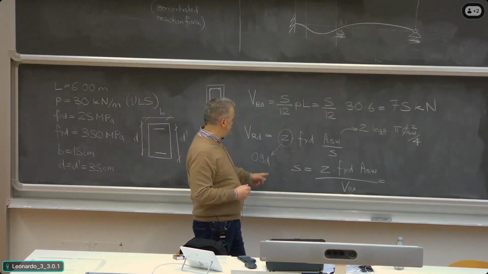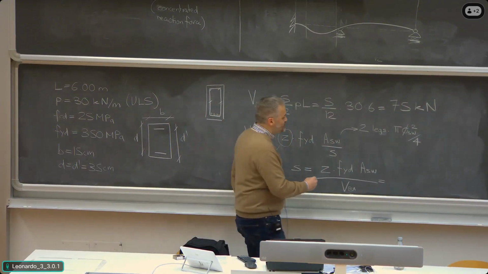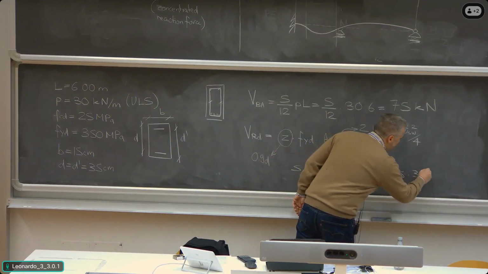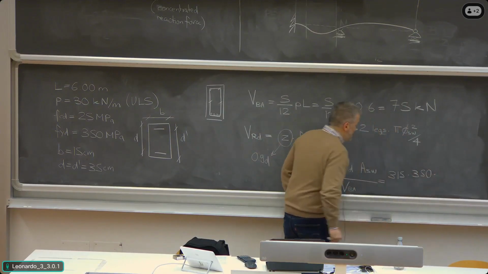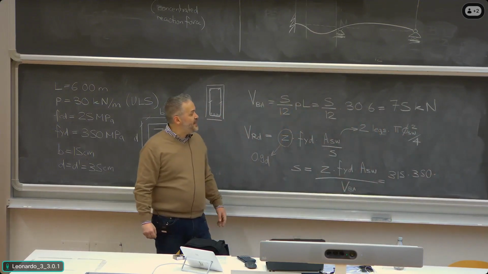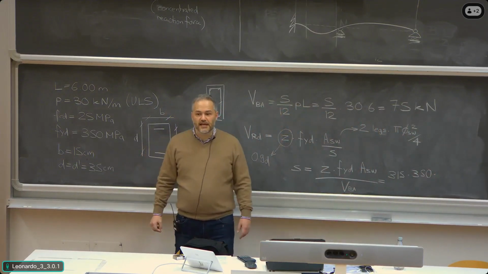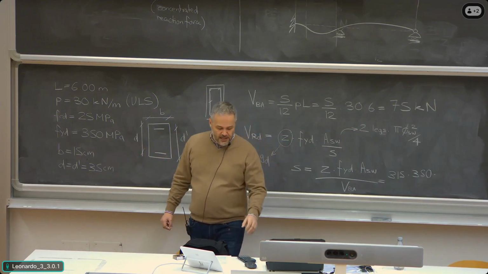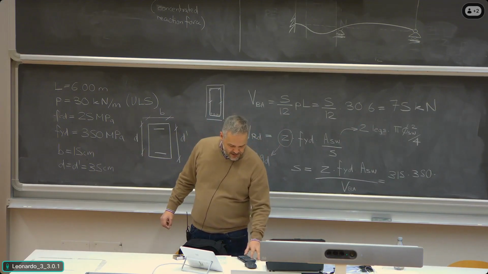Z is 0.9D, so again 315 in millimeters times 350, which is the yield strength. Then you have to come up with the area ASW, which is the area of 2 8 millimeter rebars, so 2 times pi divided by 4 times 8 to the power of 2.